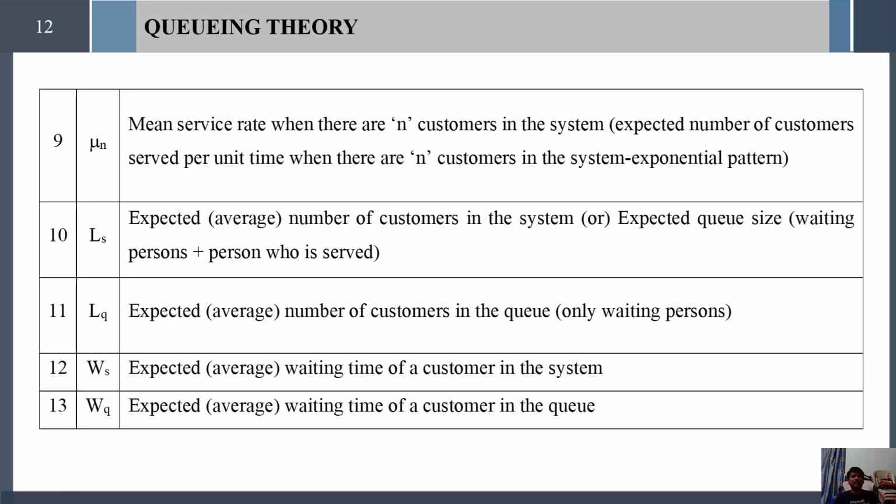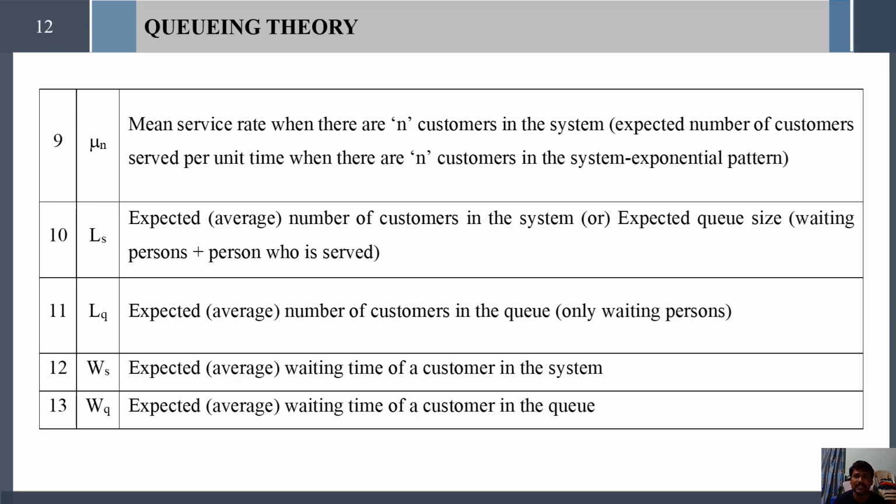Next, mu n is the mean service rate when there are n customers in the system. What is a system? Number of customers are there, whether they are waiting, they should follow one queue, or they can be allowed to wait in a waiting hall, and one server is there separately, and whether they allow one by one or not, or whether they are chosen by priority or random selection, like that.